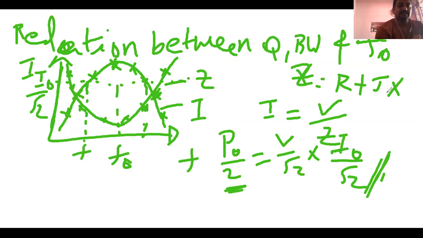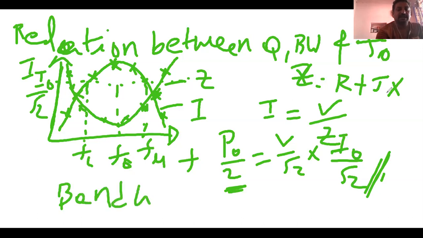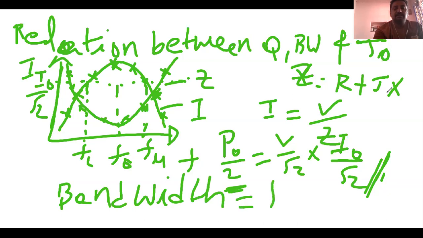This is the lower half power frequency. This is the upper half power frequency. The difference between the upper half power frequency and the lower half power frequency is called the bandwidth.